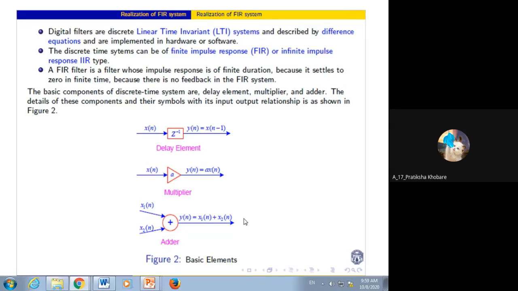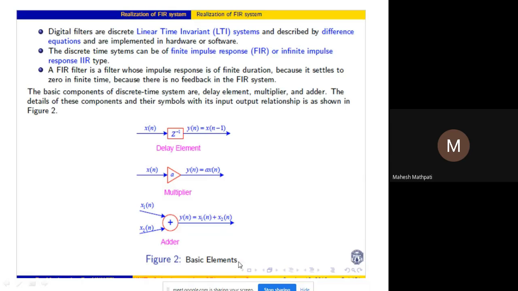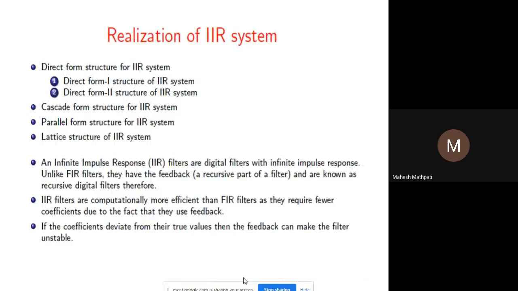Okay, so next we'll discuss. These are the main elements we require to analyze FIR and IIR systems. It is classified into two parts.